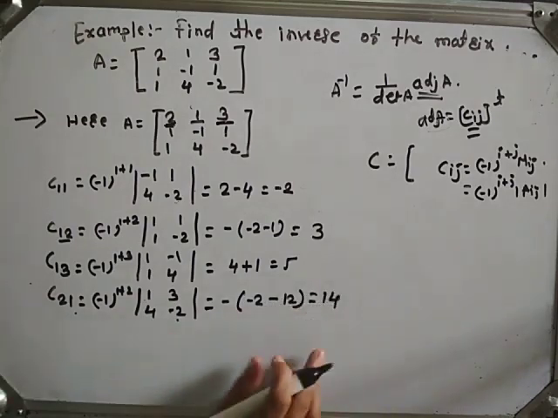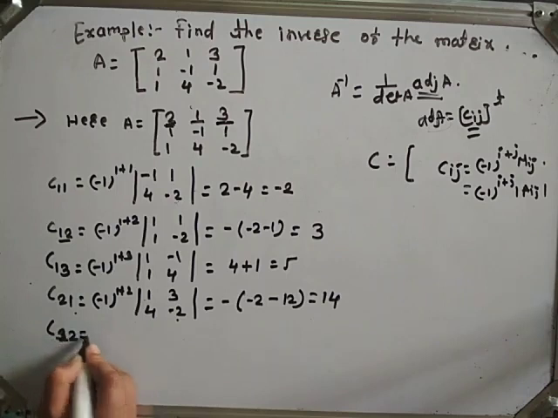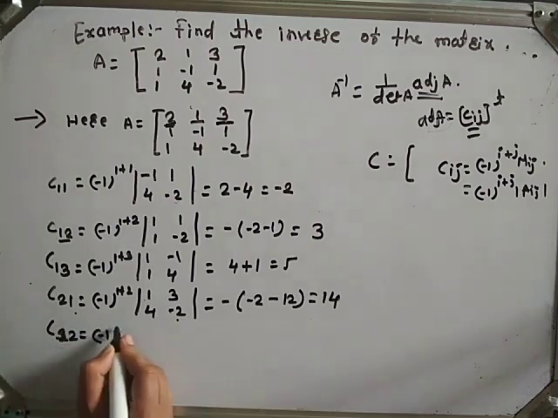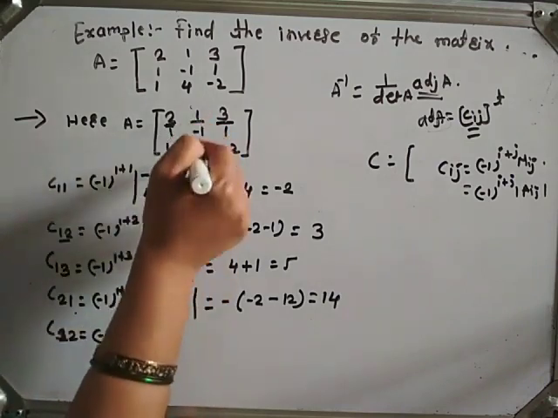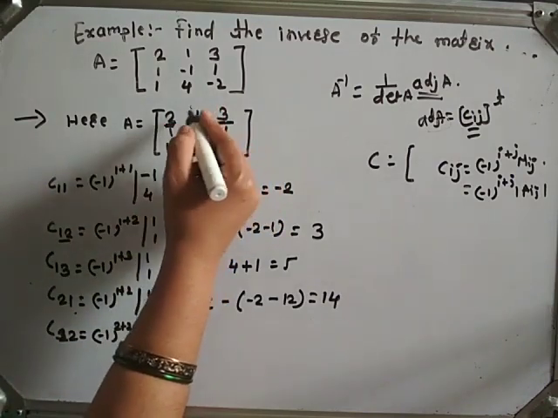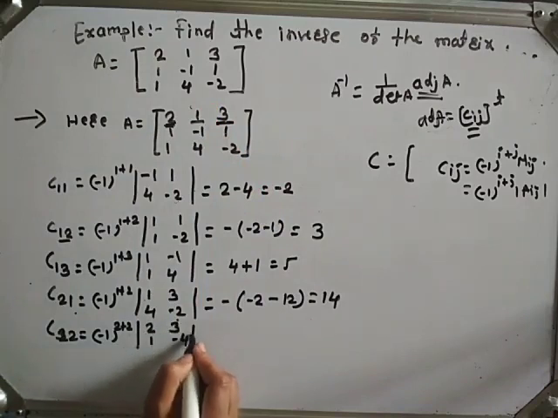So C21 equals plus 14. Similarly, C22 is minus 1 raised to 2 plus 2, which is 4, into the determinant of, deleting second row and second column. So the determinant of 2 3, 1 minus 4.